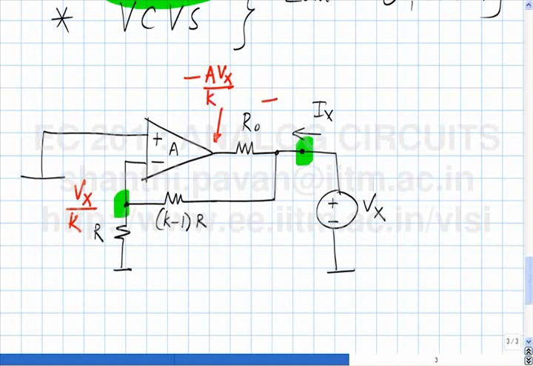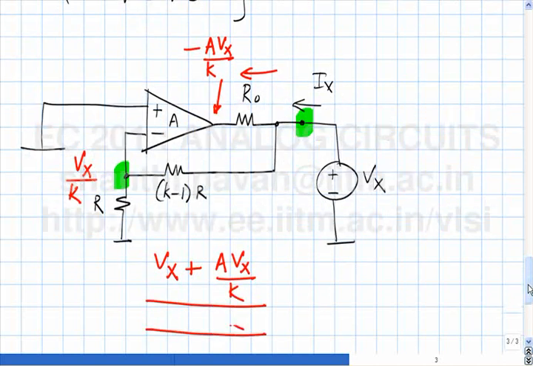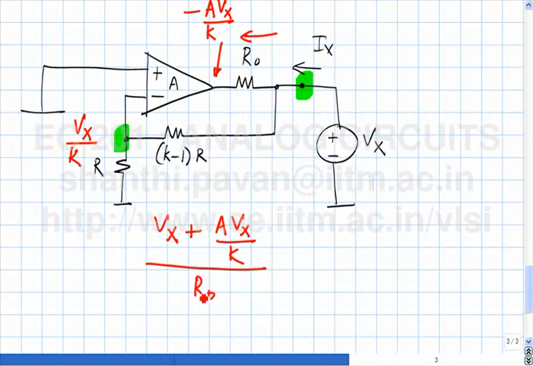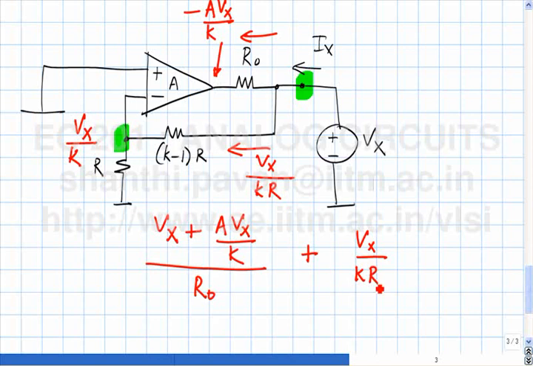And what is this current therefore? Vx plus AVx by K divided by RO, alright, plus this current here, which happens to be Vx by KR, is the total current flowing out.